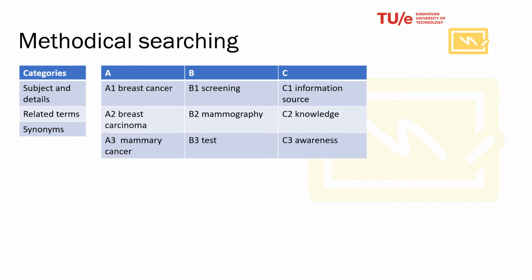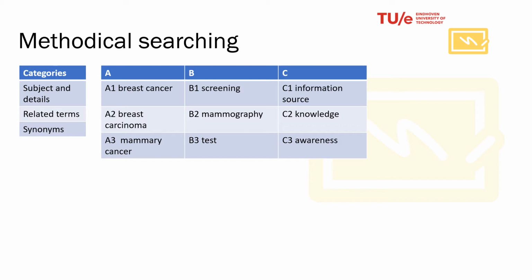To search in a methodical manner, it is important to find the right keywords. I started with my main subject, which is breast cancer, the detail screening, and the why, which is information source.